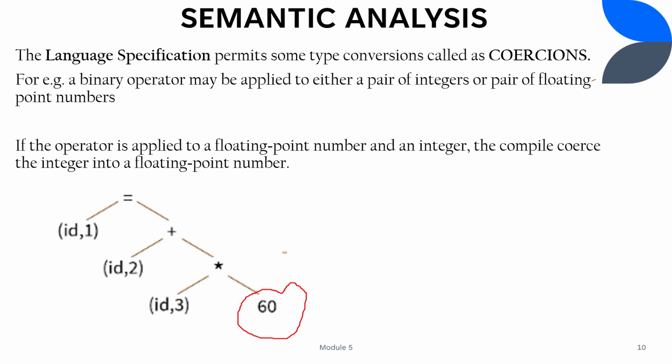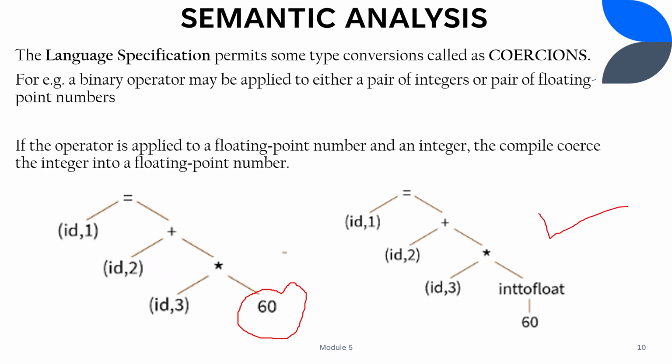Since the modification is updated in the syntax tree by the semantic analyzer, the new tree will be referred to as the semantically verified parse tree. So this is how the semantic analyzer typecasts 60 to float. And the tree that is created by the semantic analyzer is known as the semantically verified parse tree.